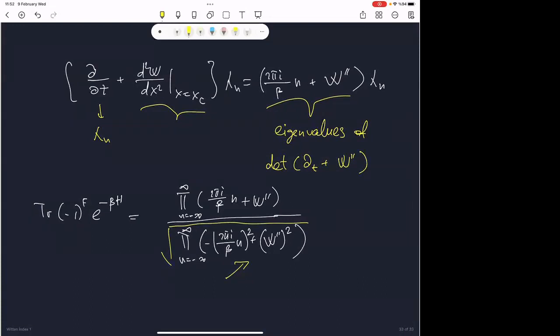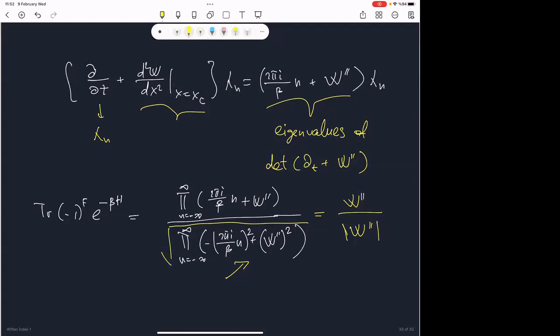If you compute all this stuff, it's not so hard. What you get at the end of the day is something like this. Since we have a square root here, it's just the modulus of W double prime, and here W double prime, all the W's at the critical point.